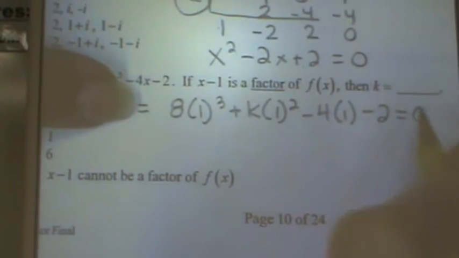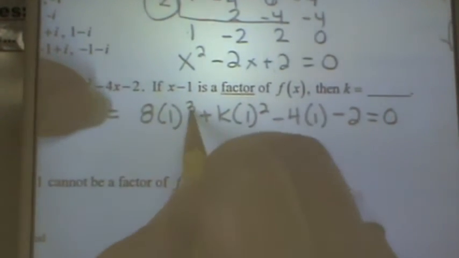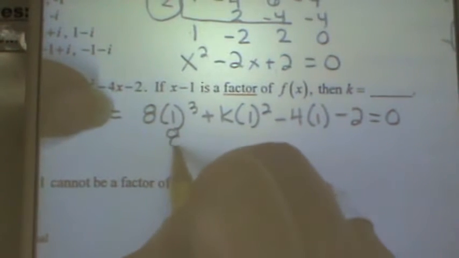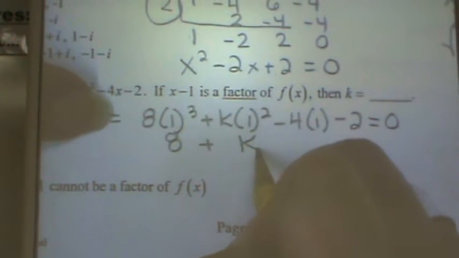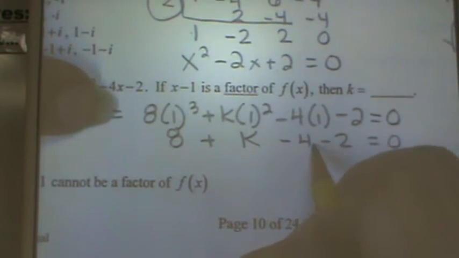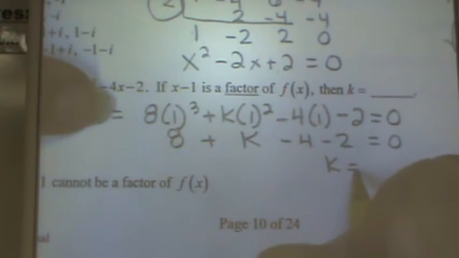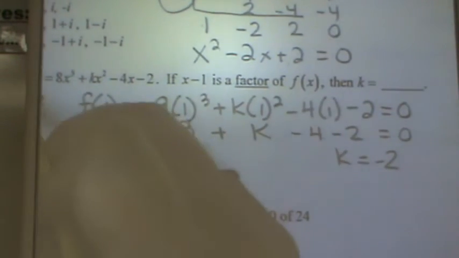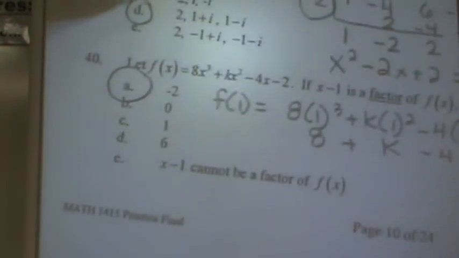This would be equal to 0. So 1 cubed is 1, 1 times 8 is 8, plus 1k minus 4 minus 2 equals 0. Collect like terms, 8 minus 6 is 2, subtract 2, k is negative 2. And that would be A.